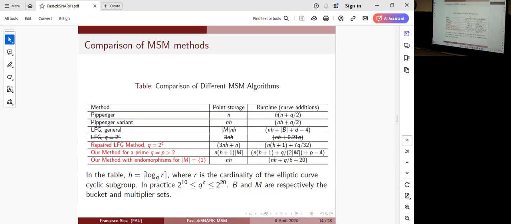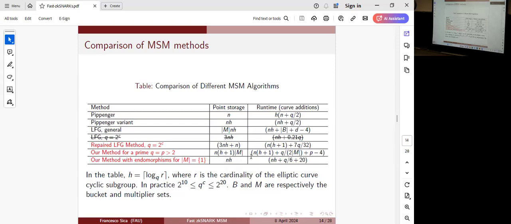So h is just the size of r in base q, the q-size of r. In the Pippenger variant, you need to store q^j times P_i, right? So you have h powers of q and n points. So you need this point storage.